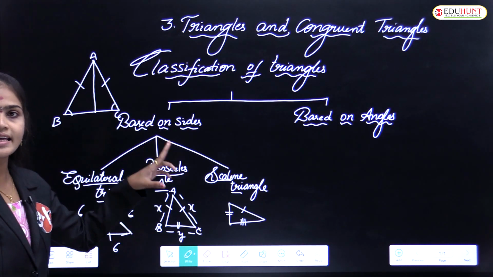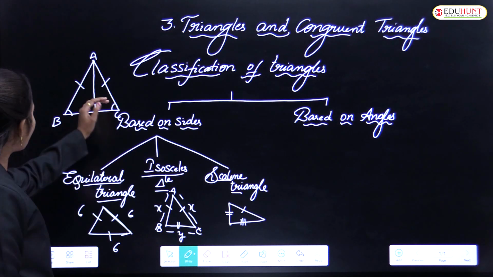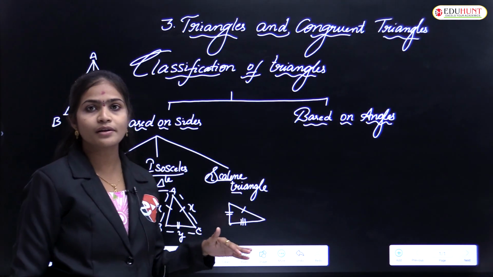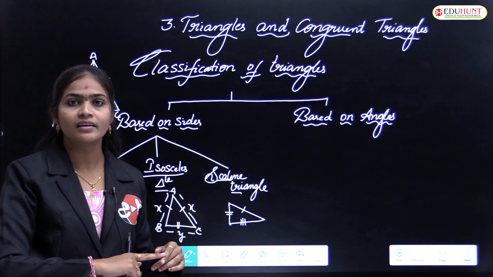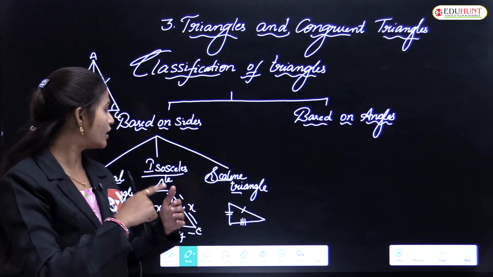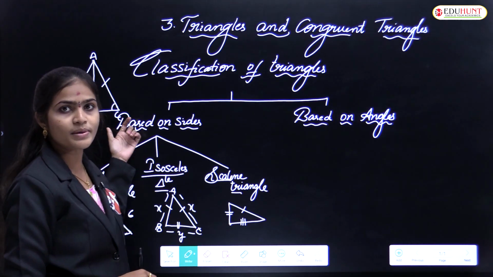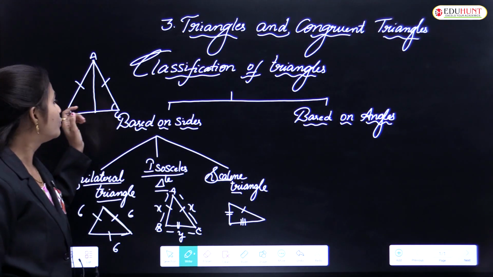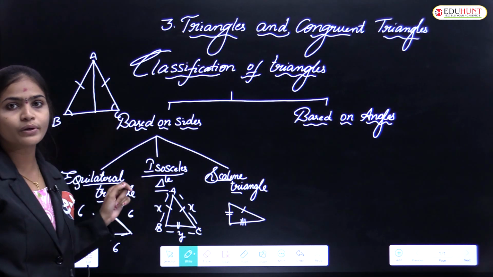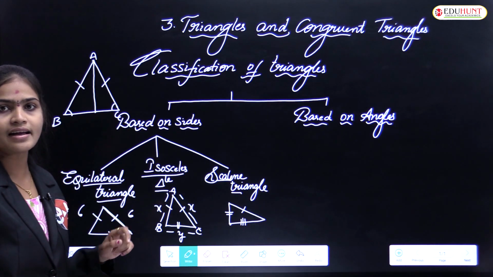Which two sides are equal? Except for the third side, the angles which lie on that third, non-equal side, those two angles are equal in an isosceles triangle.